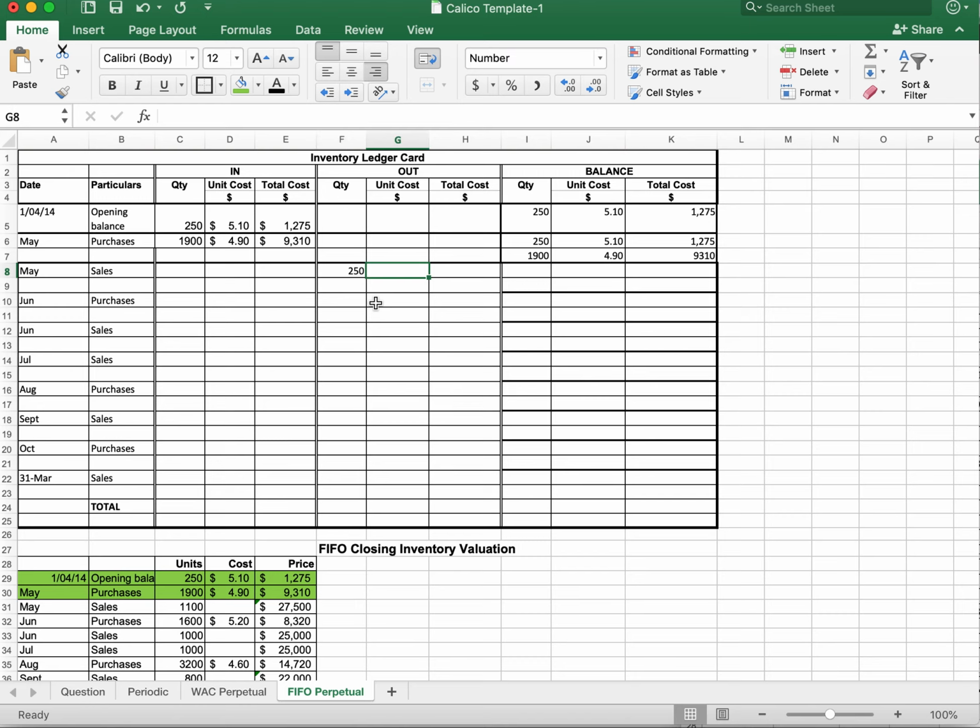We've sold those, and the difference between 1100 and 250 is what we sell of the other ones. The ones at 250 cost us $5.10, and the total cost is that amount. So it's first in, first out.